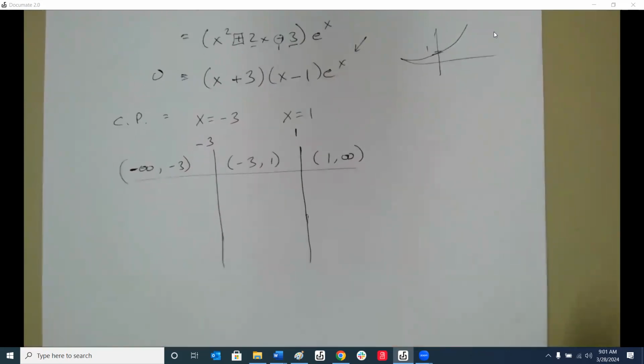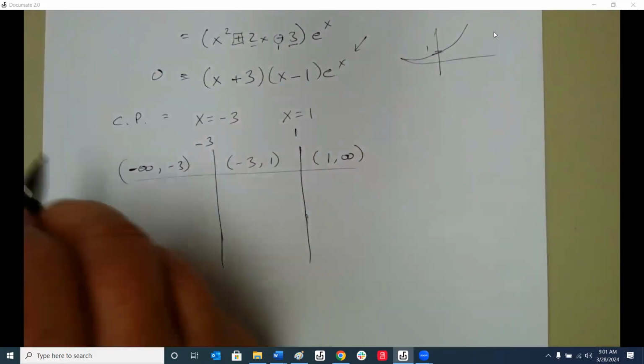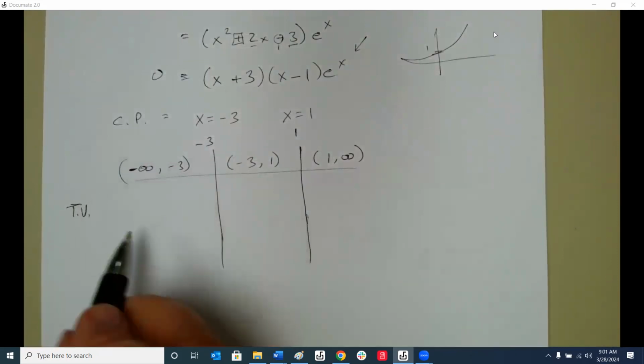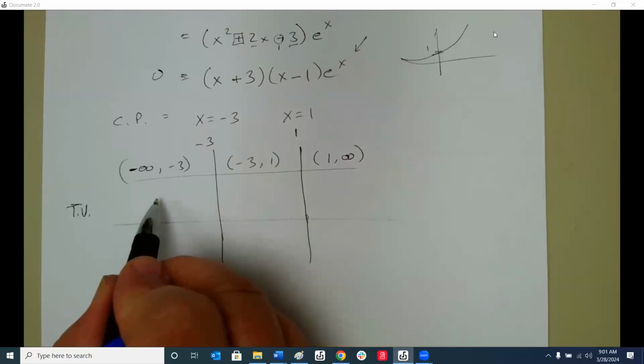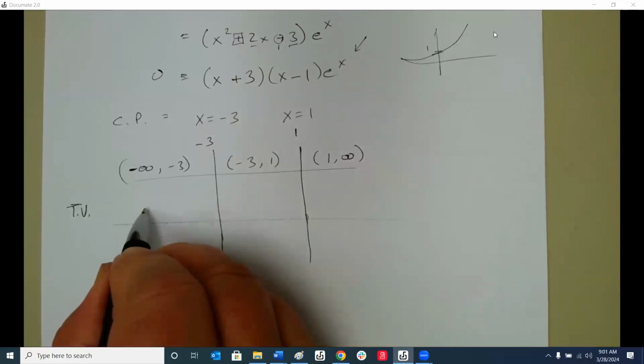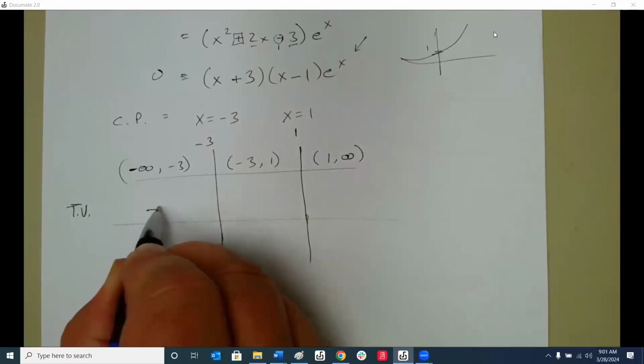What do you do next? Choose some test values. Right. So what test value do you want to put in the first one? Yeah, -4.